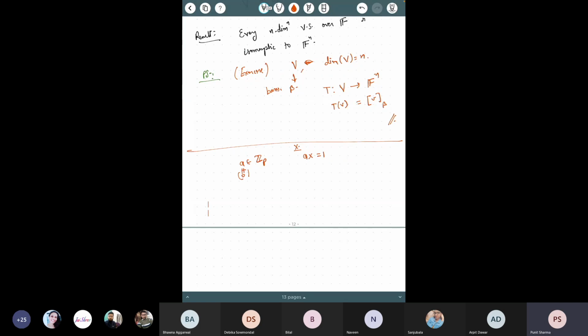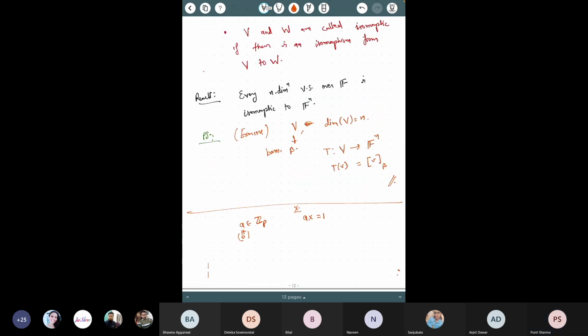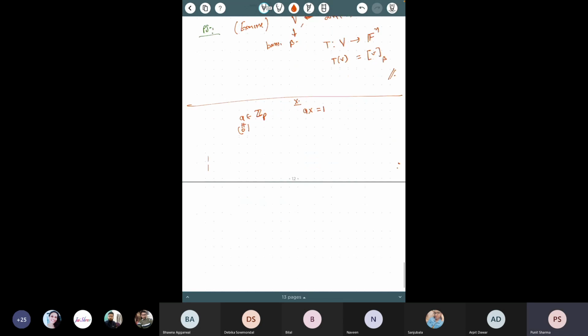So how do you find x? You can do it in this way. Since p is prime and a is an element of Z_p, that means gcd, the greatest common divisor of a and p, is equal to 1.